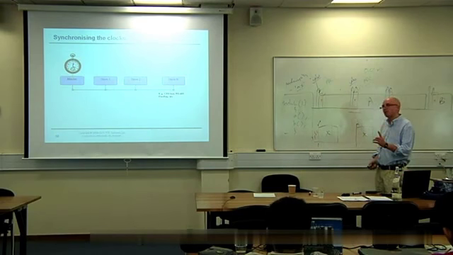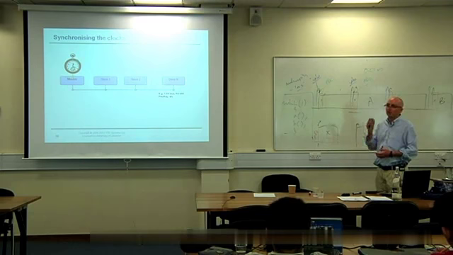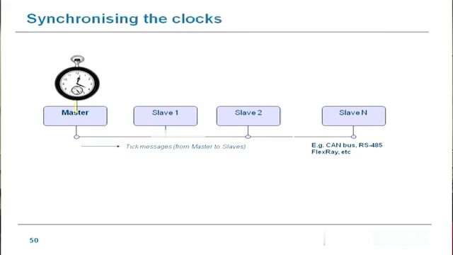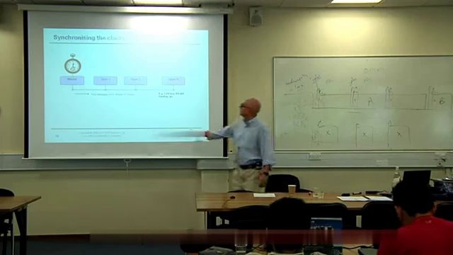On the slave nodes here, they have a scheduler. The scheduler's driven by periodic interrupts. Those periodic interrupts come from here. Every time a tick is generated on the master, the first thing the timer ISR does is to send a message on the bus to all of the slaves on the bus.